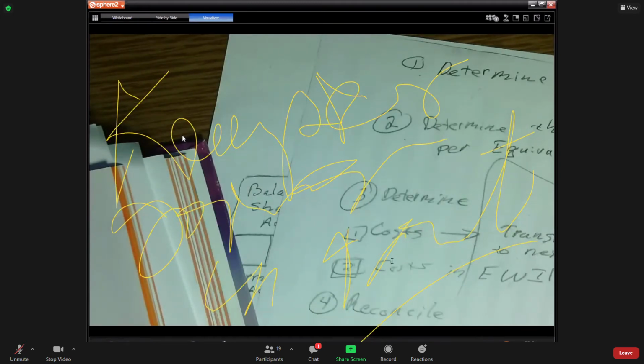If we multiply that by 160 equivalent whole units, that would be $12,200 cost of ending work in process for direct material costs. And then the conversion cost, you would end up with 100 units times the $72.75. That's $7,275. If you add them both together, that gives you $19,475.